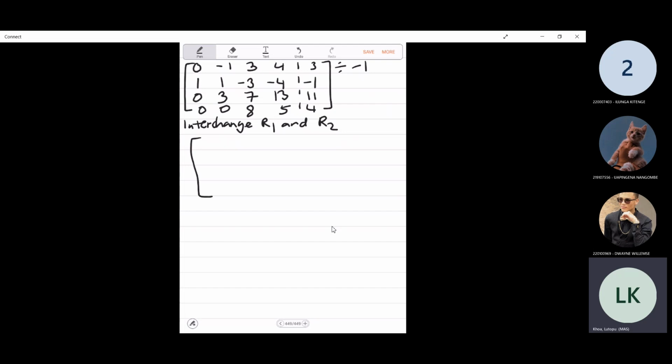Now we have 1, 1, minus 3, minus 4, and then minus 1, then 0, 1, minus 3, minus 4, minus 3.